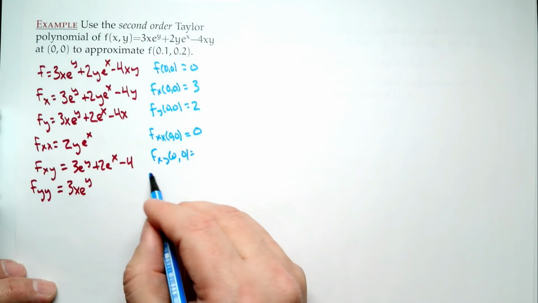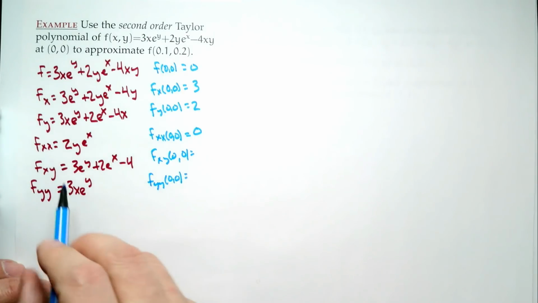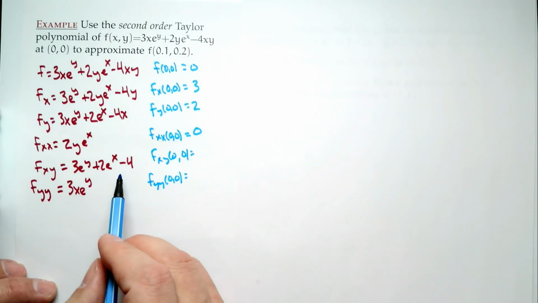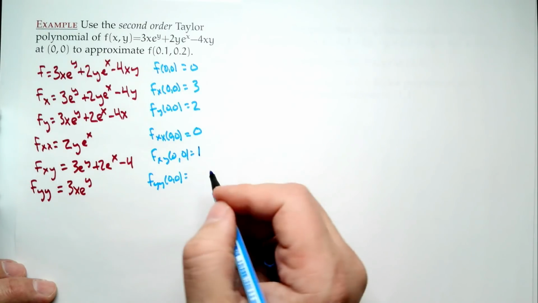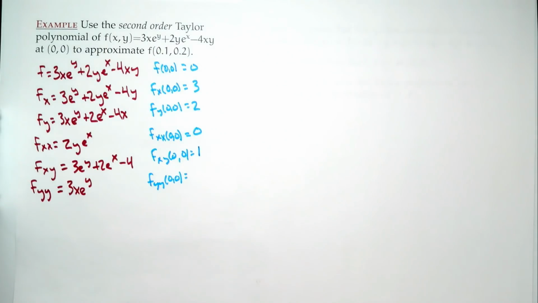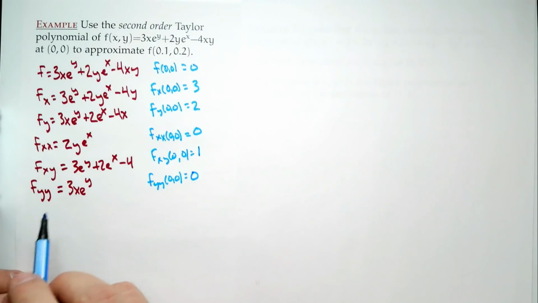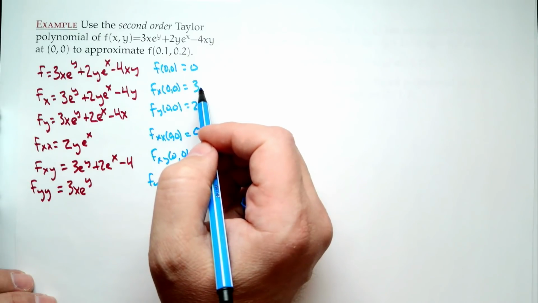F sub xy at 0, 0? Well, it'll be 3 plus 2 minus 4. So 3 plus 2 is 5, minus 4 leaves us 1. F sub yy at 0, 0 is 0.